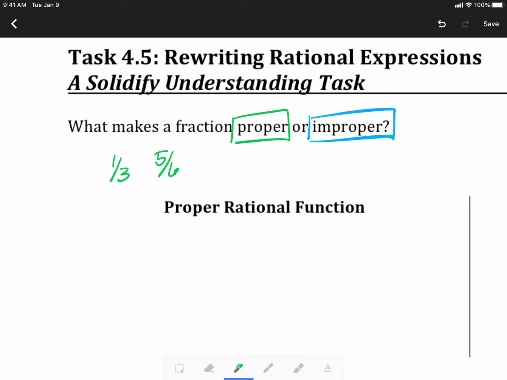We could even have negatives. -2/5, proper fraction. 4/7, proper fraction. In all of these, the numerator is less than the denominator, leaving us with a fraction, even the absolute value, less than 1. We don't have anything equal to 1.